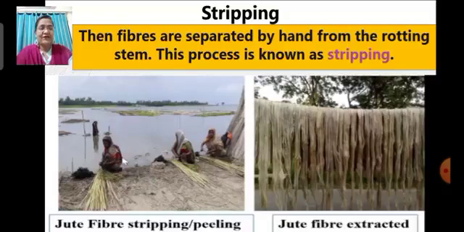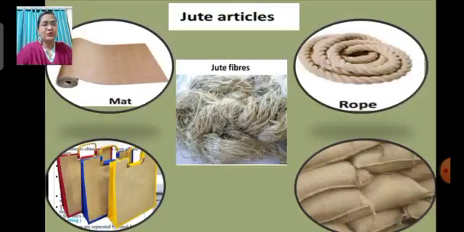After drying these strips of rotted stem, we get the jute fiber. This is how the jute fiber is extracted from the jute plant. Jute fibers are extensively used to make shopping bags, gunny bags, rope and mats, etc.